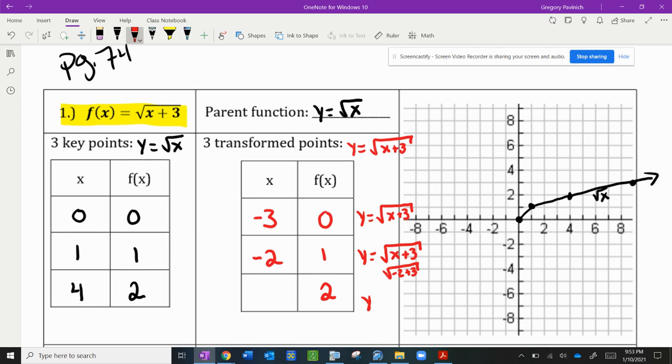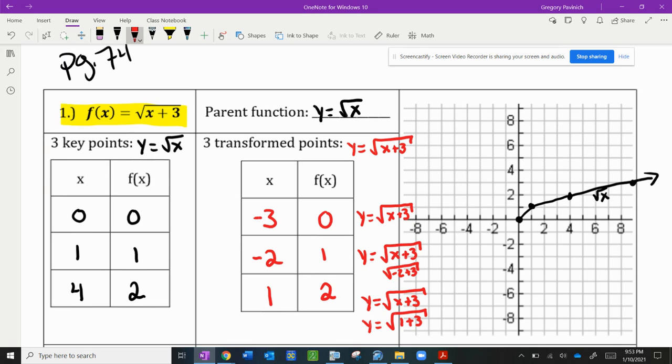And lastly, I'm going to ask what x value do I plug in that's going to get me an output of 2, which means I want it to be the square root of 4. So I notice if I plug in 1, 1 plus 3 is 4, so I must input 1 to output that value.